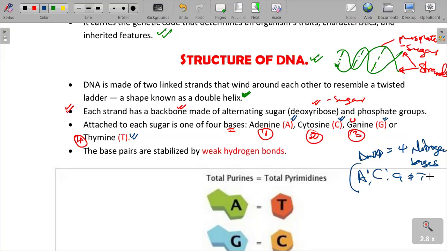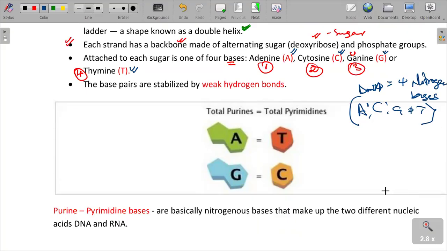These are the four nitrogen bases found in the DNA structure. As you can see on the board, we have the purine and the pyrimidine bases. One area that most students and learners are not aware of is why we talk about complementary pairing.